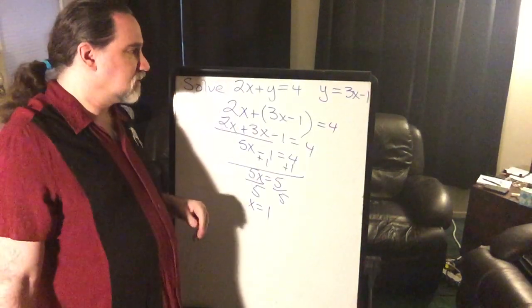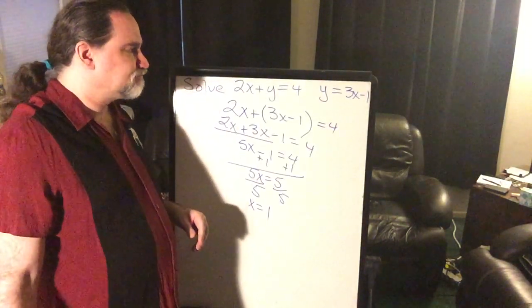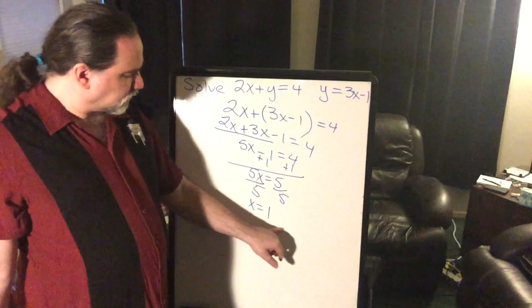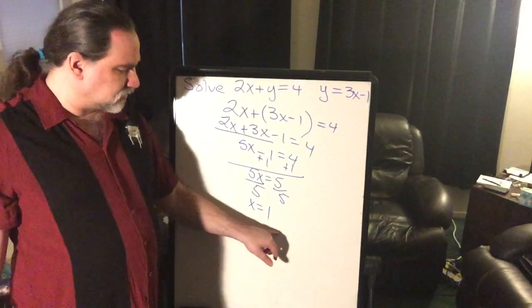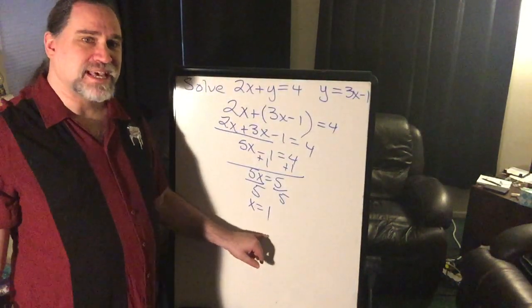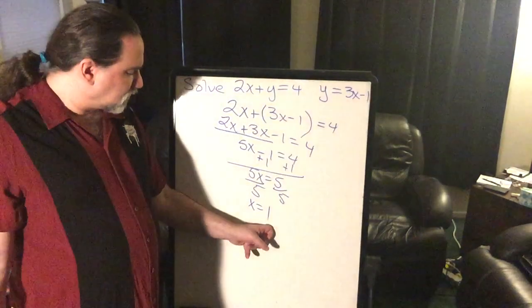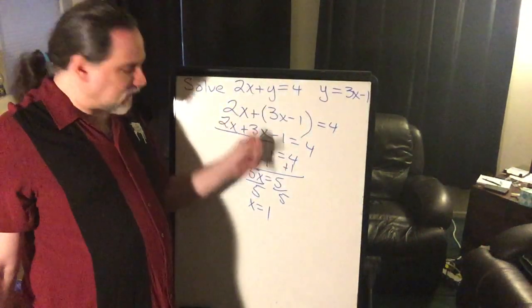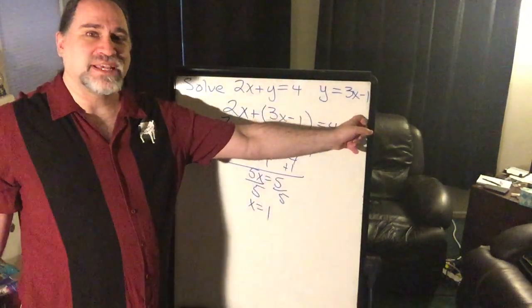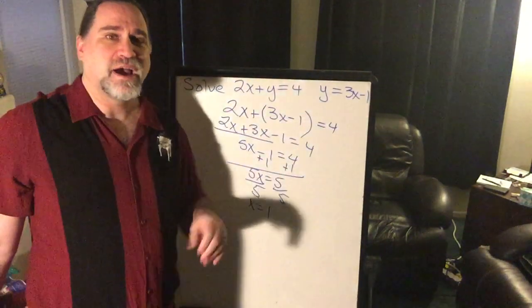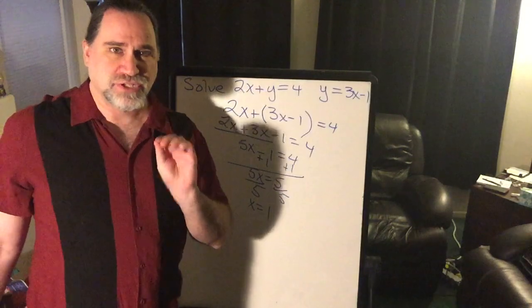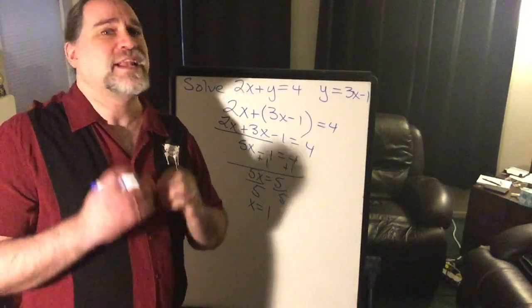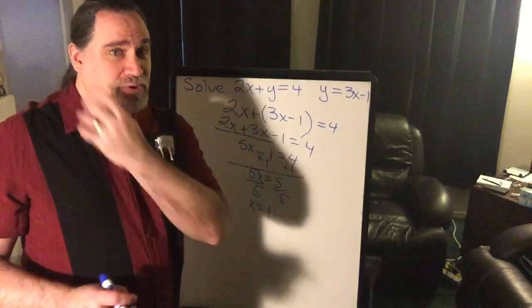So now I can take this x value and substitute it back in for x, and I can do it in either equation. In fact, I'm going to do both equations to show you that it has to give you the same answer.